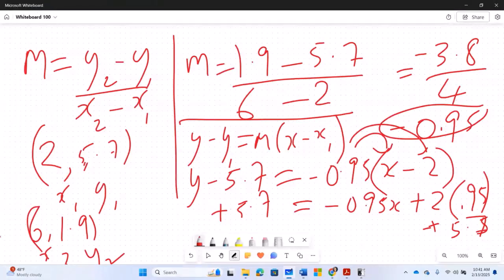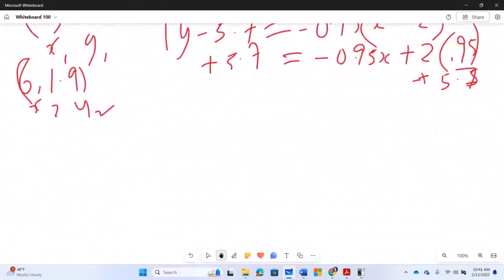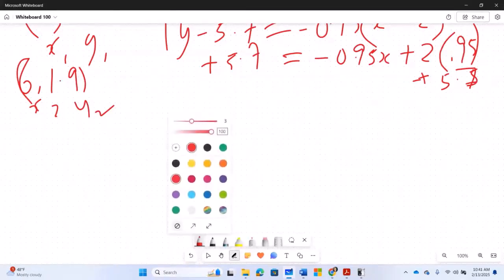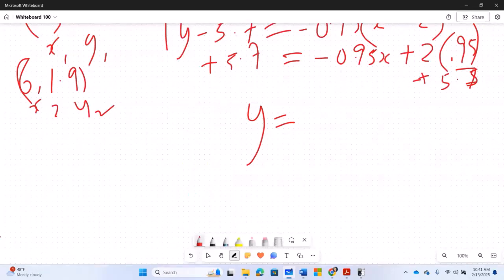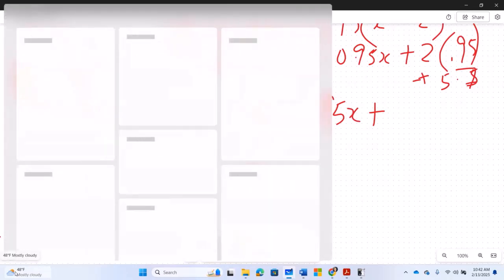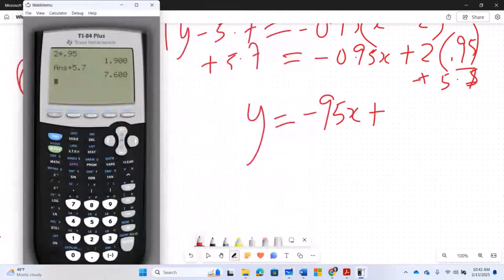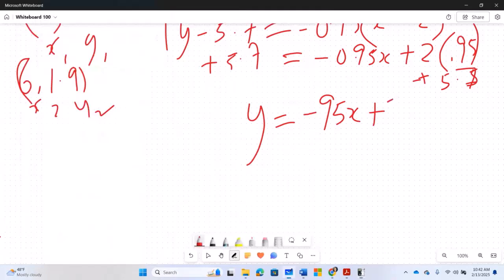Therefore, I can now rewrite this equation so that it looks like slope-intercept form: y is equal to negative 0.95x plus 7.6.